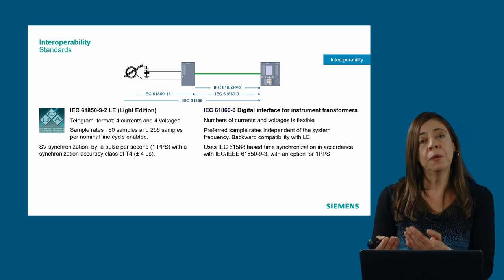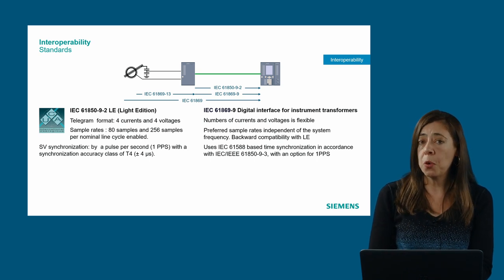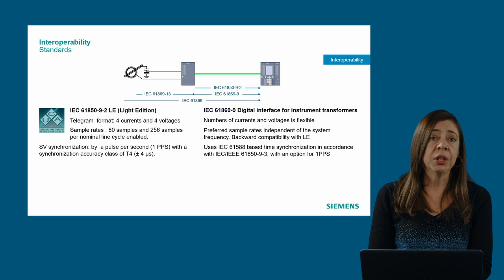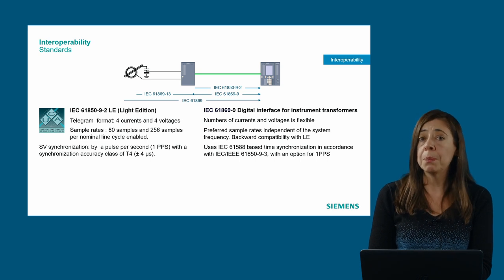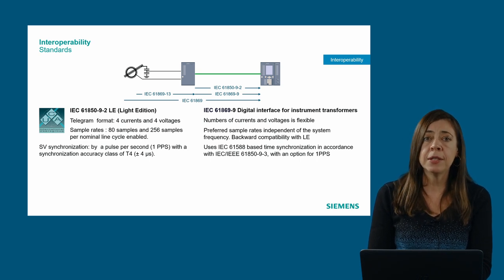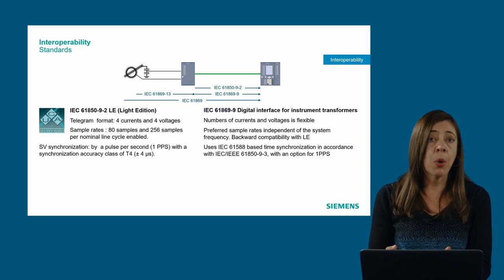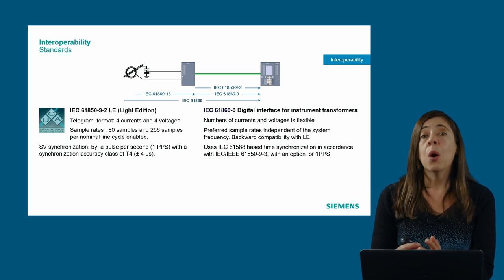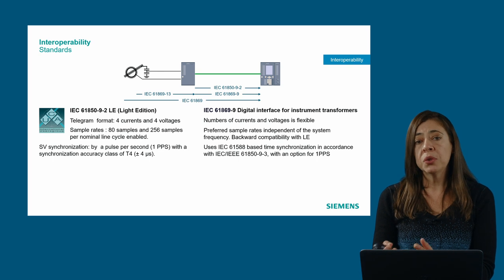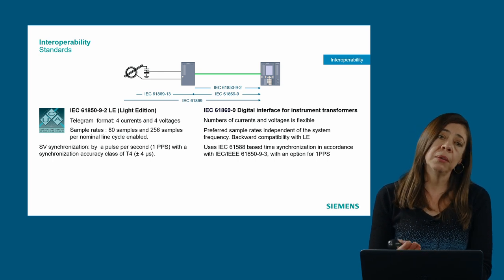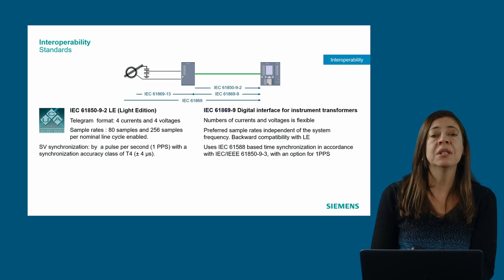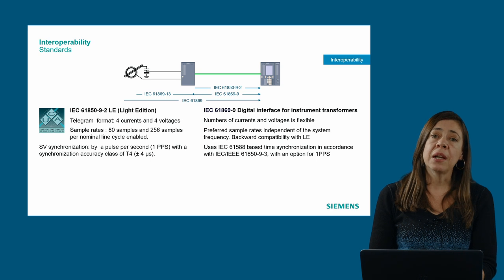And for the standard of the instrument transformers, the use of the Precision Time Protocol is already allowed, based on the IEC 61850-9-3 profile, the so-called power utility profile. Also in this case, even using the streams of the instrument transformers, a PPS signal can be used to grant the backwards compatibility.